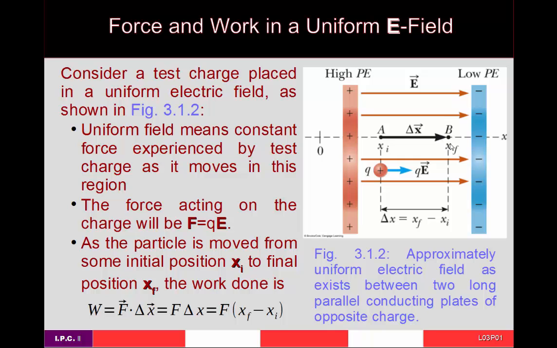Notice that when we're moving from point A to point B, it doesn't matter whether point A and point B are in the exact same direction as the field lines. Point B might be down here, point A might be up here, and the only dimension that actually matters between them is x, the horizontal distance, because that's the distance which is parallel to the electric field. So the vertical distance doesn't matter.